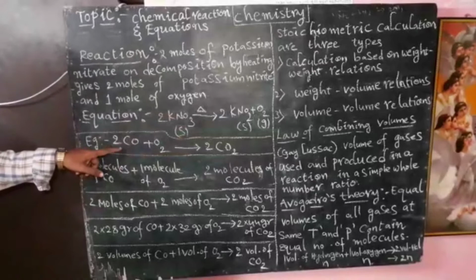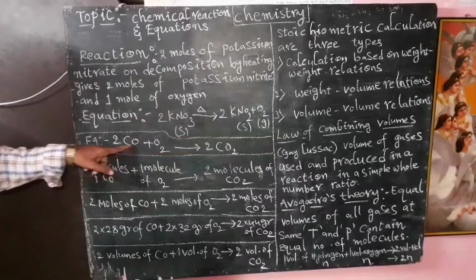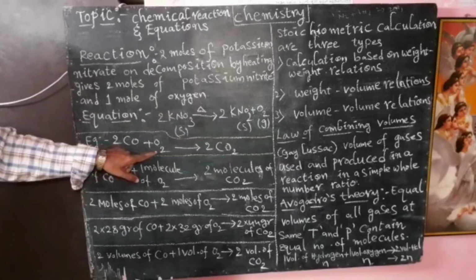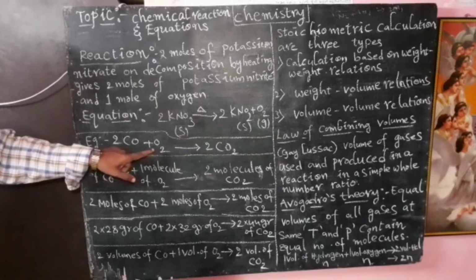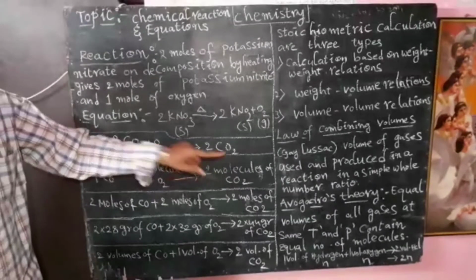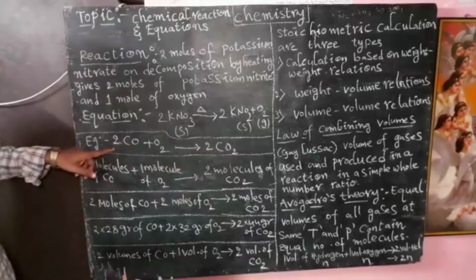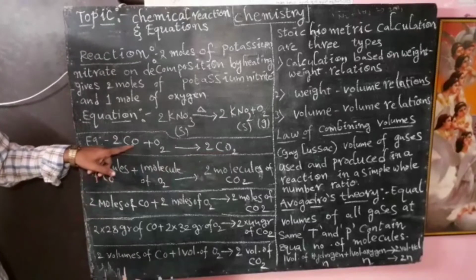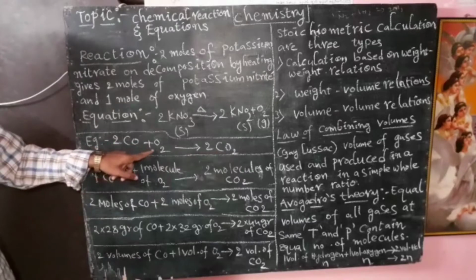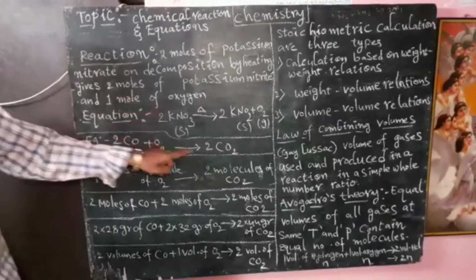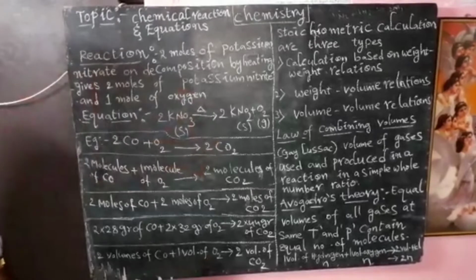Also here the molecular mass of carbon monoxide is 28 grams, oxygen molecular mass is 32 grams, carbon dioxide molecular mass is 44 grams. So we can say 2 into 28 grams of carbon monoxide react with 32 grams of oxygen to produce 2 into 44 grams of carbon dioxide.